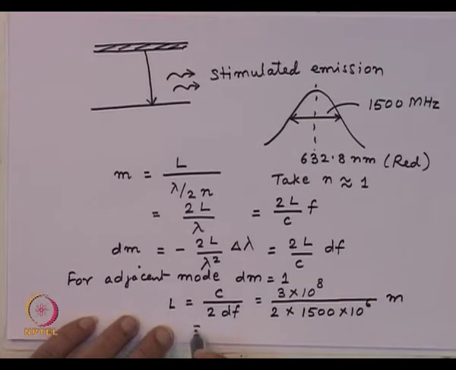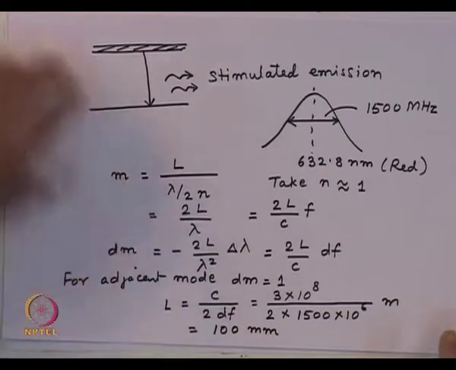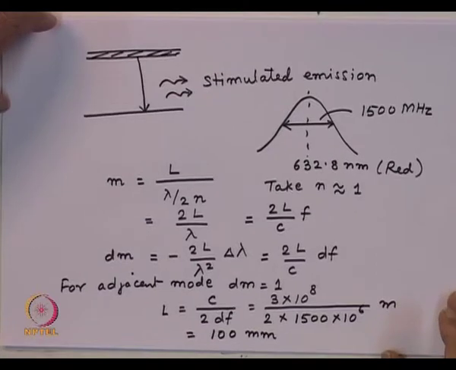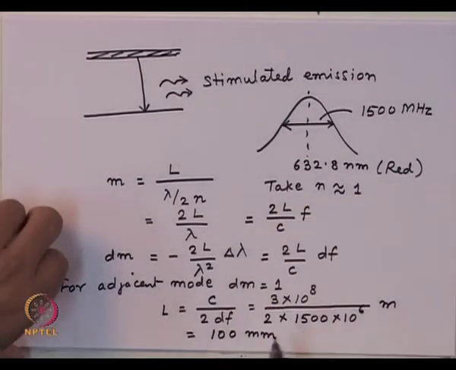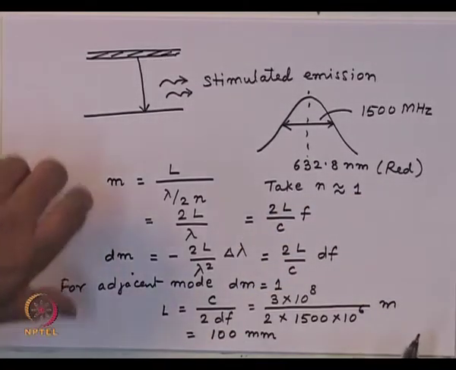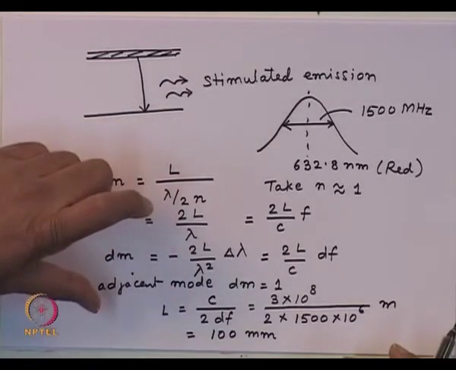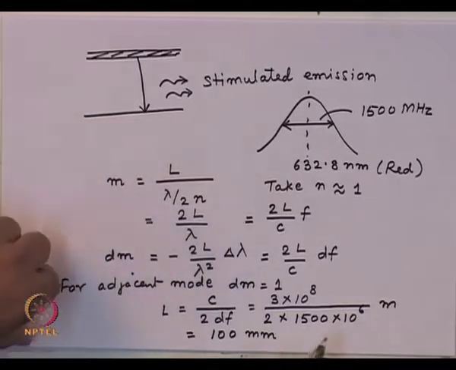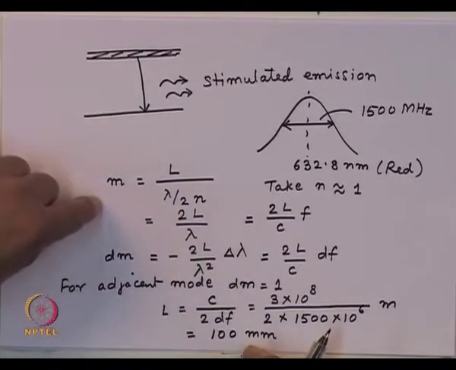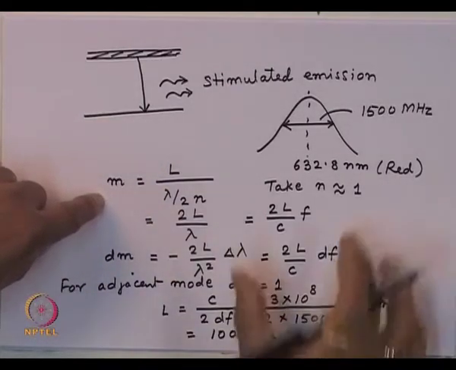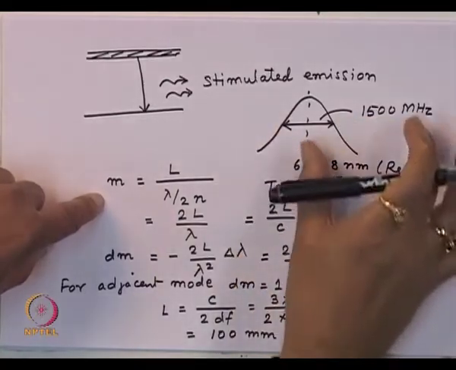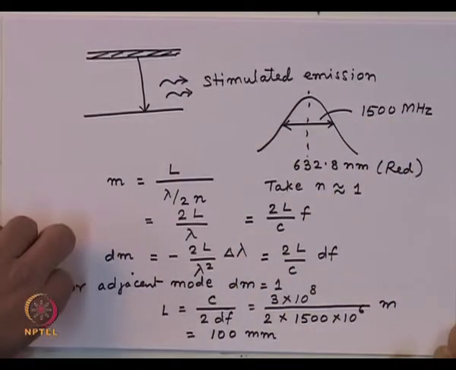So, if I solve this, you will get a length of 100 millimeter. So, this tells us that if you take a helium neon laser tube, which is about 100 millimeters, then it will generate a single mode propagation if the transition bandwidth is about 1500 megahertz. So, that is the first part of the problem.